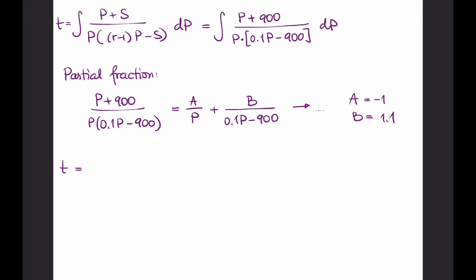So what we're going to have is that my time integral is then equal to a over p, so -1 over p dp, plus this second integral where I have b, which is 1.1, divided by 0.1p minus 900, all with respect to p.